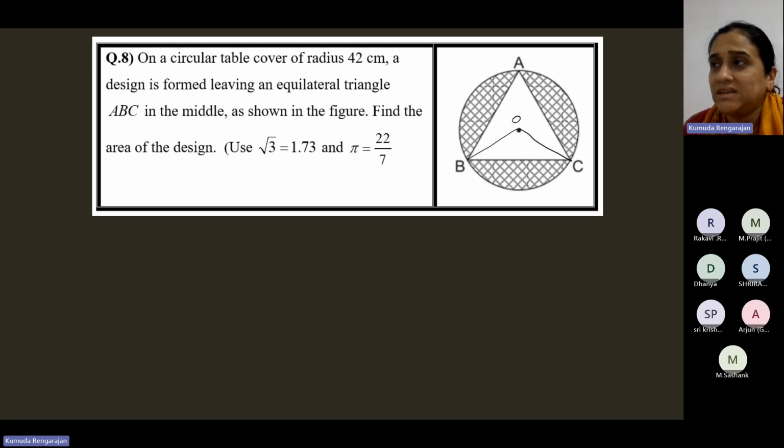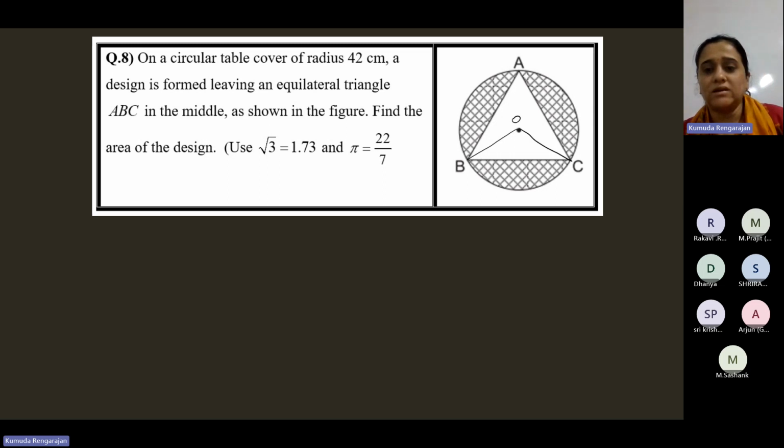Now, since ABC is an equilateral triangle, the three chords are equal in length. We have learned this in standard 9 that equal chords subtend equal angles at the center. Why are they equal chords? Because it's an equilateral triangle, so the three sides are equal.